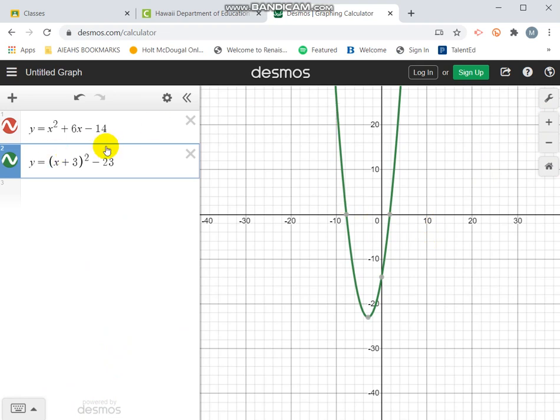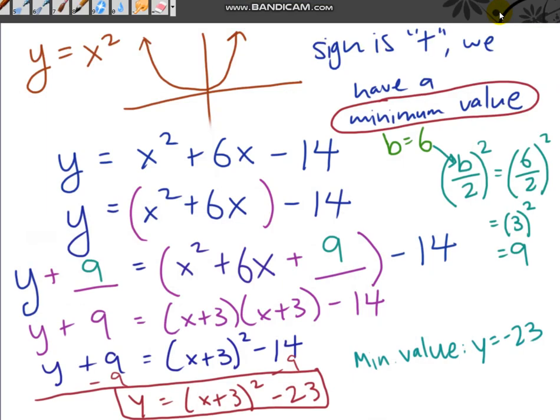If we analyze this green parabola that we created, you look at the y value, it doesn't go anywhere past negative 23 going down this way. It only goes from negative 23 and above. So what this means is this point here is our minimum y value. And our minimum y value, as you see, is right here.